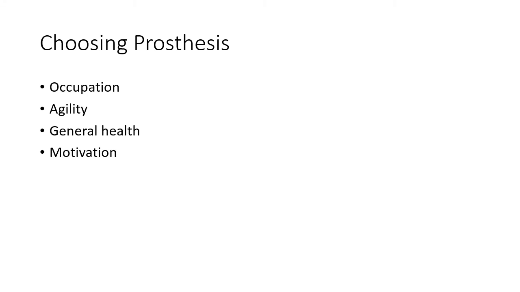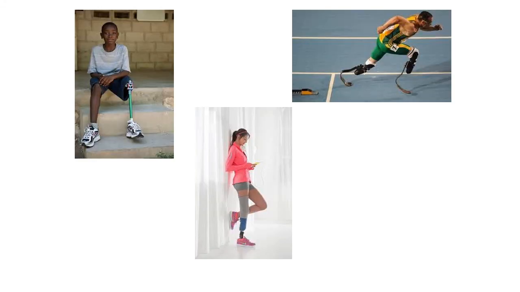The choosing of a prosthesis is based on the occupation, agility, which is the ability to move quickly and easily, general health of the patient, and motivation of the patient. These are some pictures of people with prostheses, and look at the right hand side picture.